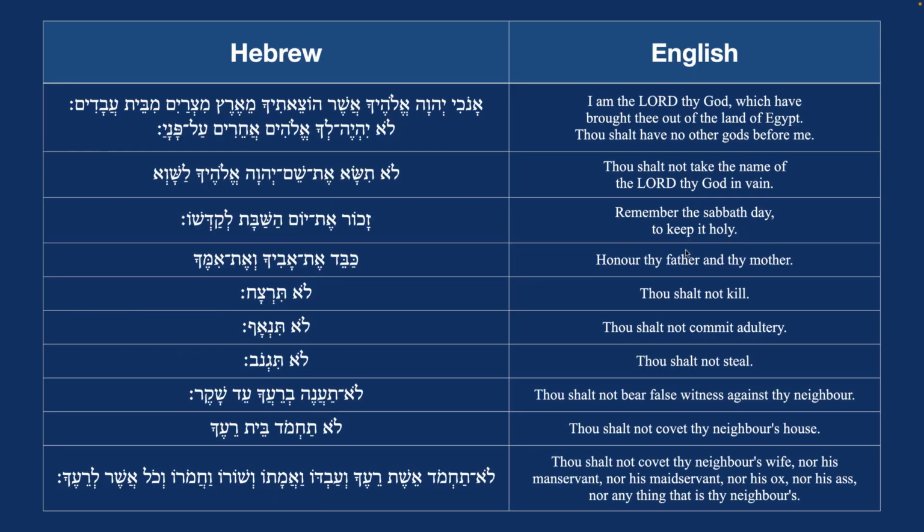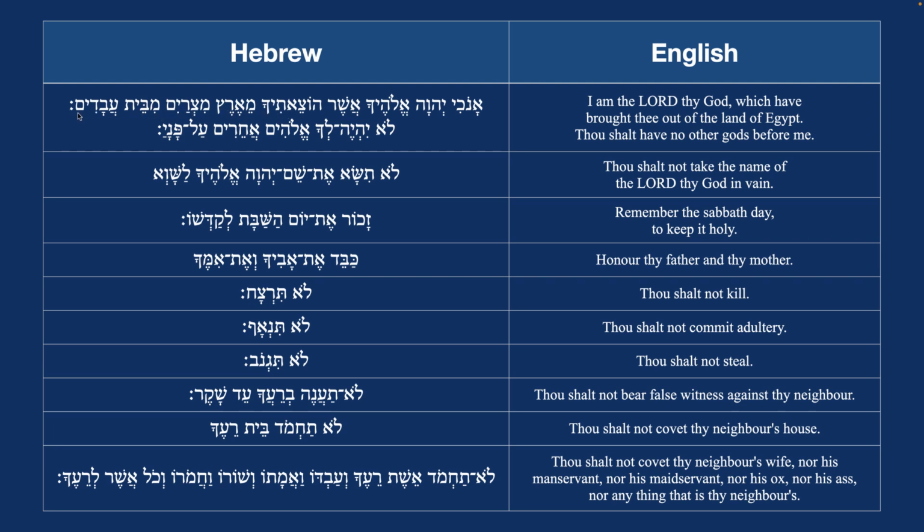Okay. So here we have the actual Hebrew text. I'll try to read it. Anochi Adonai Eloheka asher hotzethicha me'eretz Mitzrayim mibeit hamadim lo yihyelecha Elohim acharim al panav. Anochi Adonai Eloheka, I am Jehovah your God. Asher hotzethicha me'eretz Mitzrayim, who have brought you out of the land of Egypt.